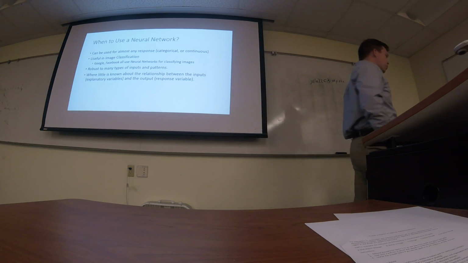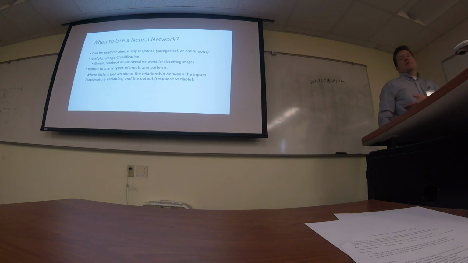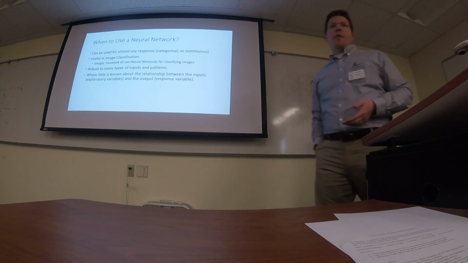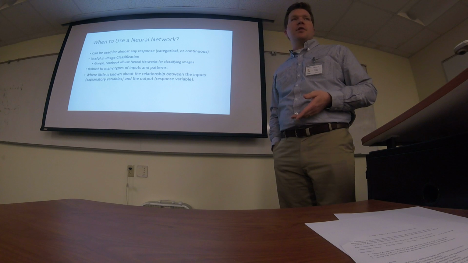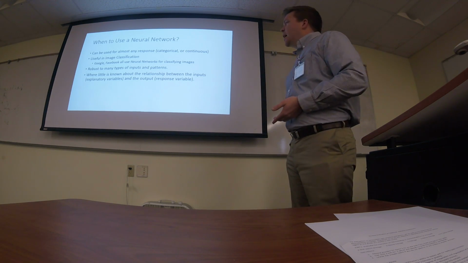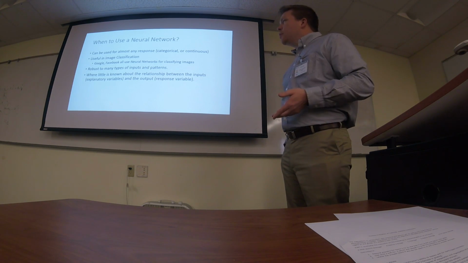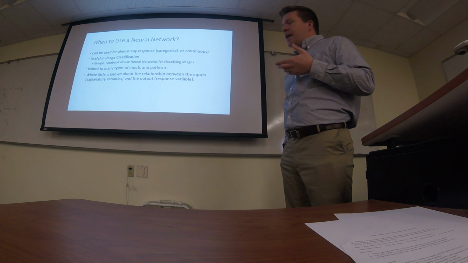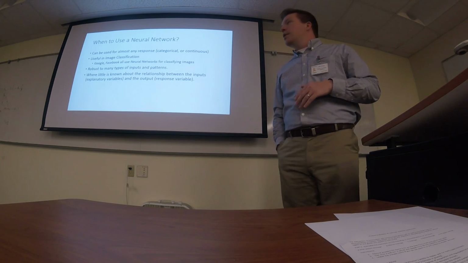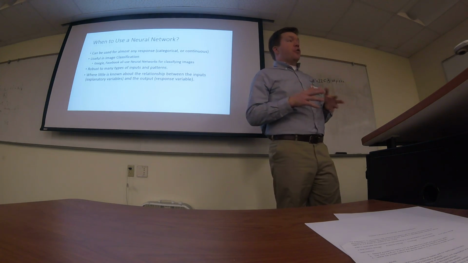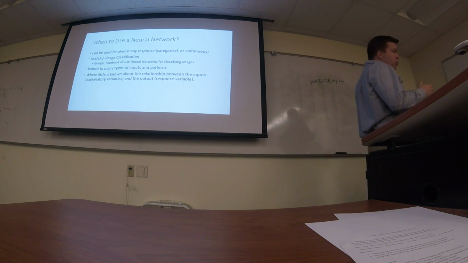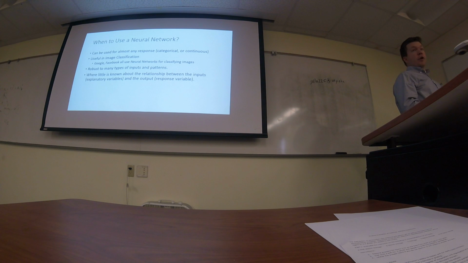So when you go to Google and you type in dog, a neural network is determining which pictures were dogs and which were cats, and it populates the dogs. But the real usefulness of neural networks is that it's robust to many types of inputs and patterns. So maybe you know nothing about your data, right? But you know you have a response, and you want to be able to predict that response.